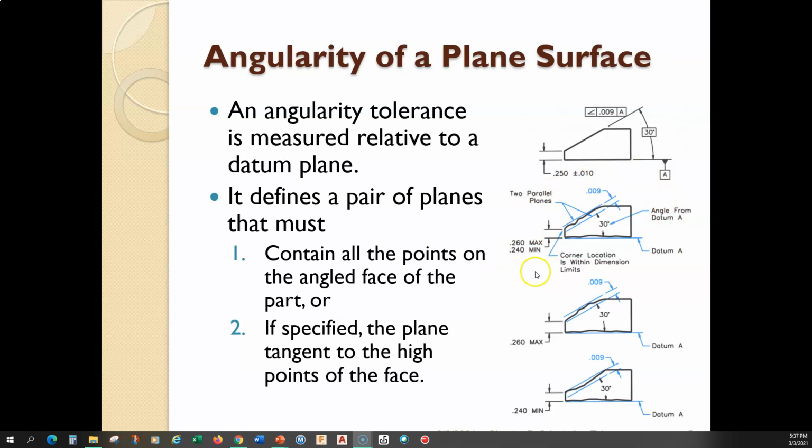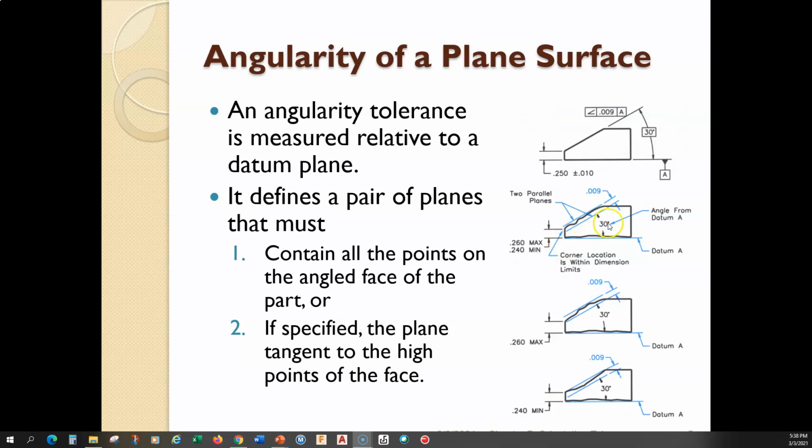So in this interpretation drawing, just below the drawing, we can see the two parallel planes that are separated by 9/1000 of an inch apart.